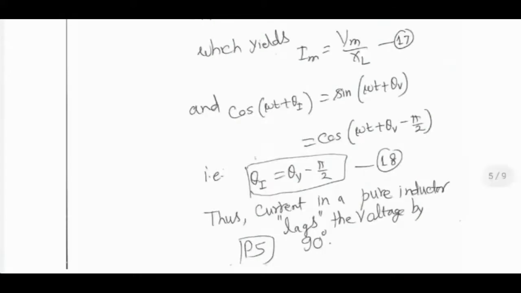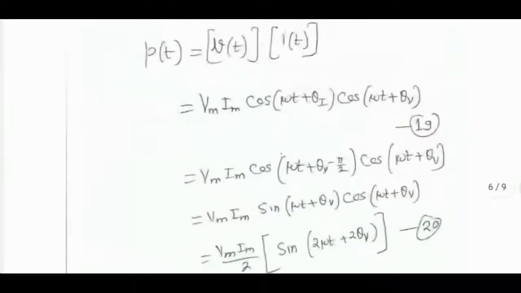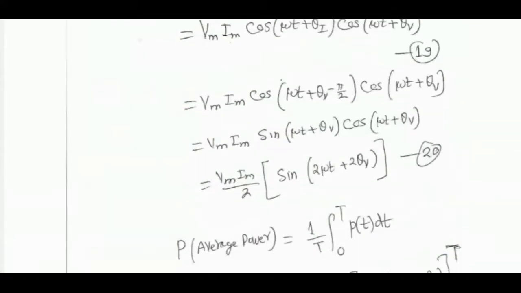Because theta I is less than theta v, we call this the case in which current lags the voltage. Then I did calculate the instantaneous power. It's a slightly more complicated formula.